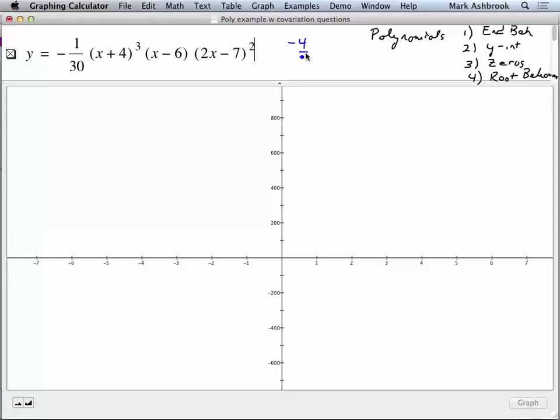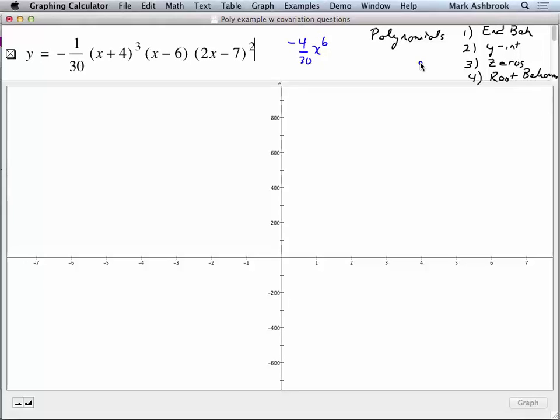Negative 4 over 30, x to the 6th. You guys agree? We got x cubed, and x, and 4x squared, and negative 130. Agree? I think you got it.